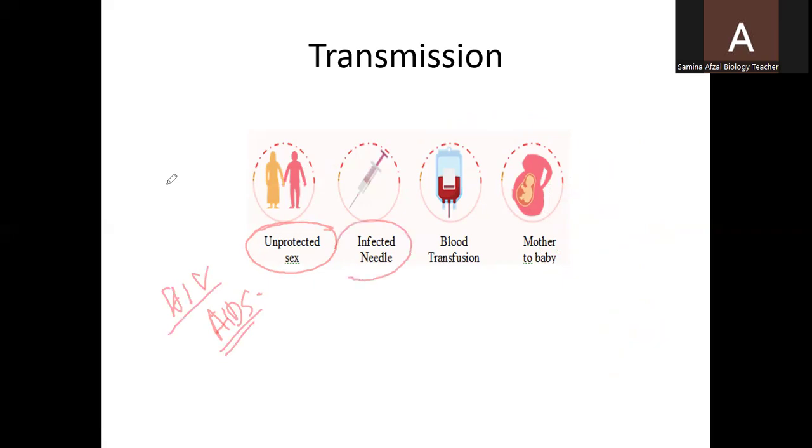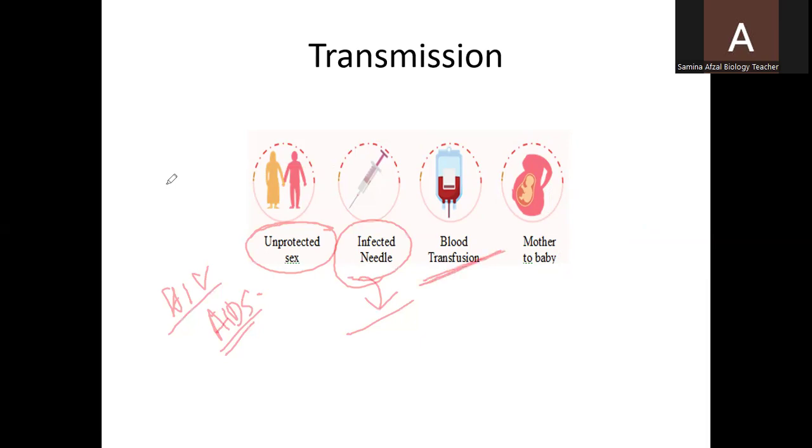Secondly, through infected needles: if we are using the same needle for different persons, it can cause the disease, or in this way the HIV can enter into the body.